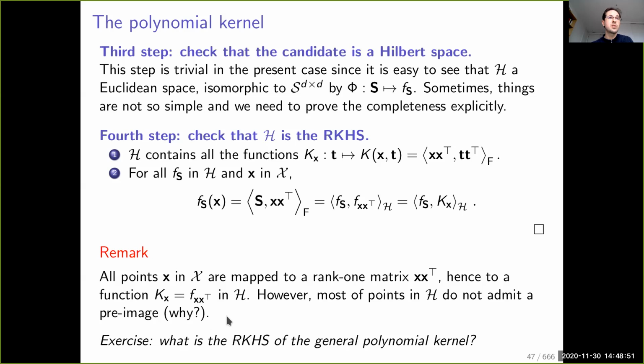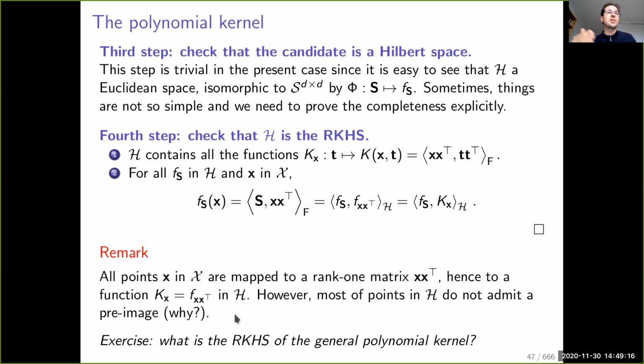What is a pre-image? Given a function in the RKHS, a pre-image would be a vector x such that this function can be written as kx. So the answer to this is simply that H does not only contain functions like this, it also contains all linear combinations of such functions.